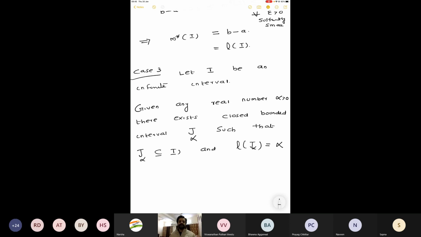Do you agree? Now your I is an infinite interval, maybe full R or maybe A to infinity or maybe minus infinity to A, whatever be the case. You can always find an interval J alpha contained in I, and the length of J alpha is alpha. Is it trivial? Yes, sir.